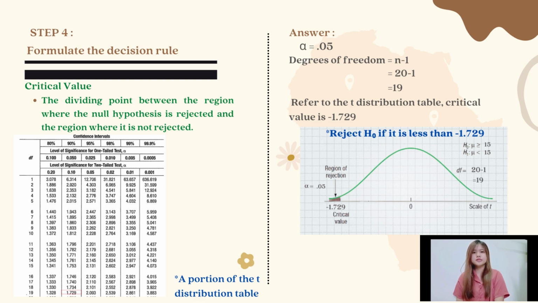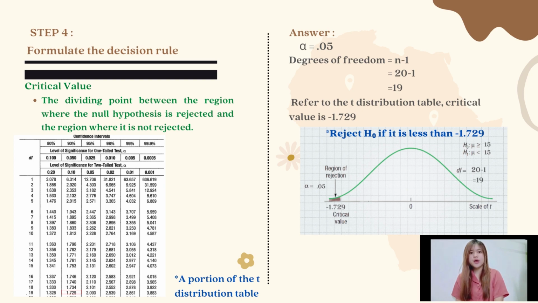Step 4 is to formulate the decision rule. The decision rule is a statement that tells under what circumstances to reject the null hypothesis. The critical value is 1.729. The critical value is the dividing point between the region where the null hypothesis is rejected and the region where it is not rejected.